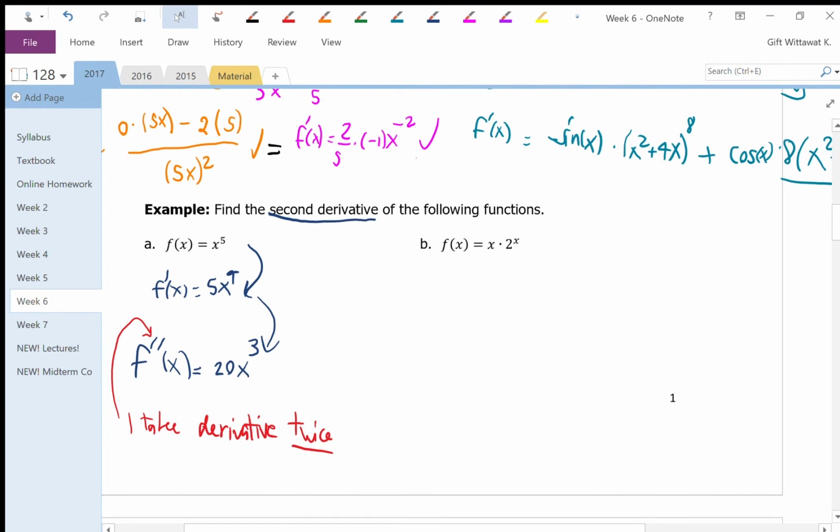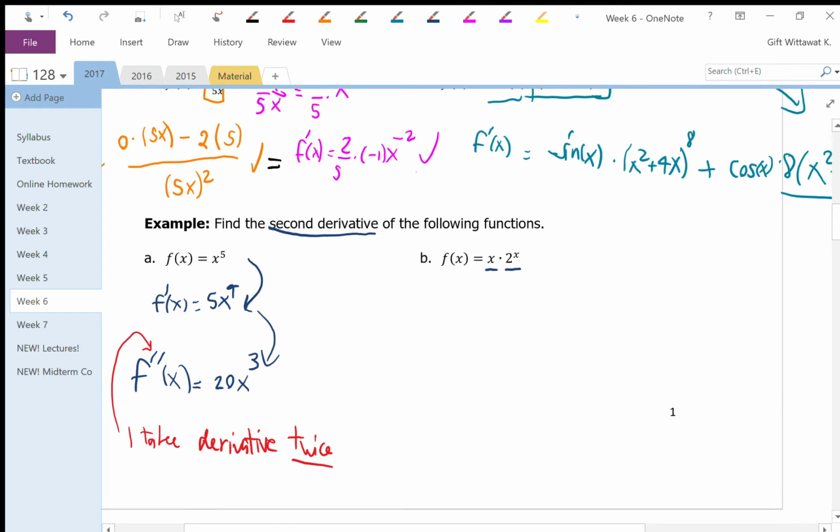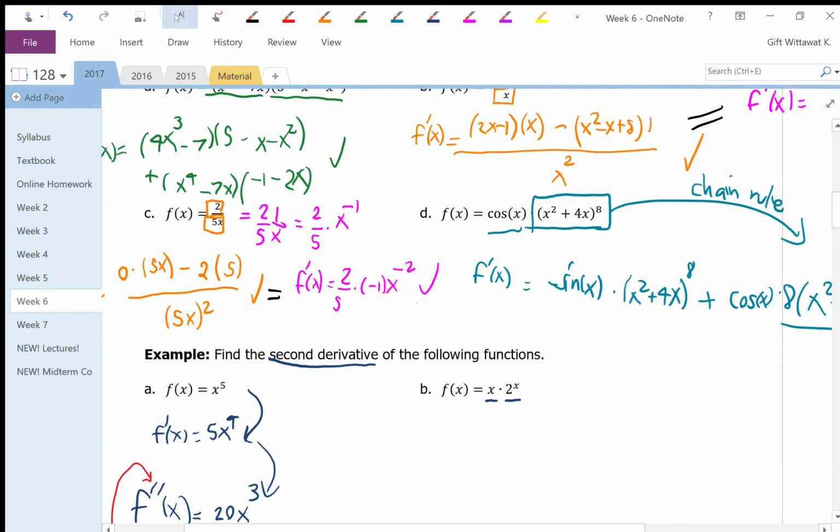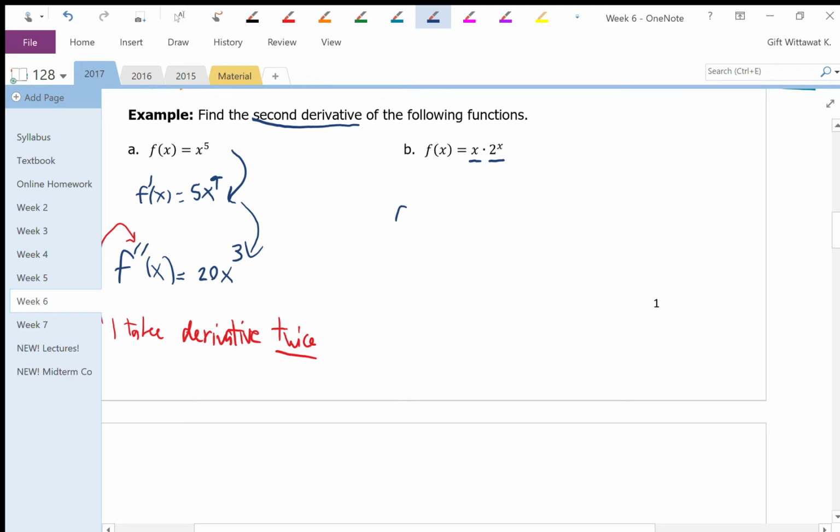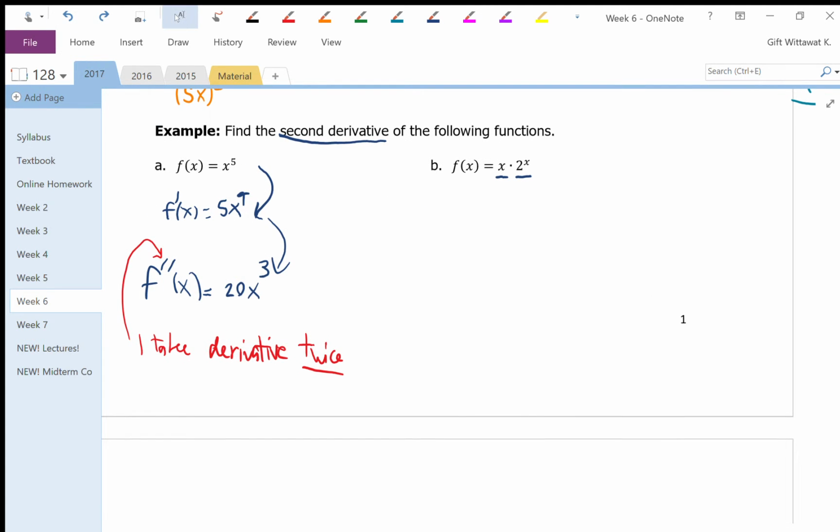If I want to find the derivative of x times 2 to the x, this is two things being multiplied, so I'm going to have to use my trusty product rule.